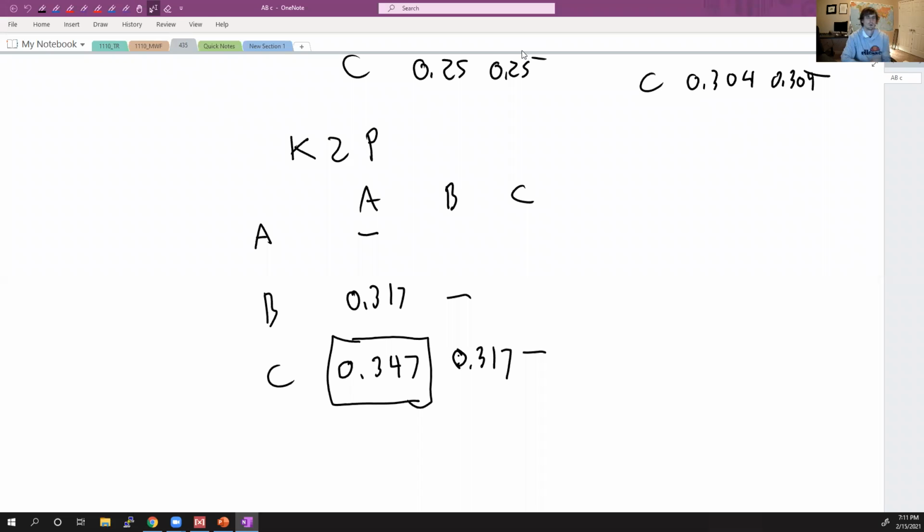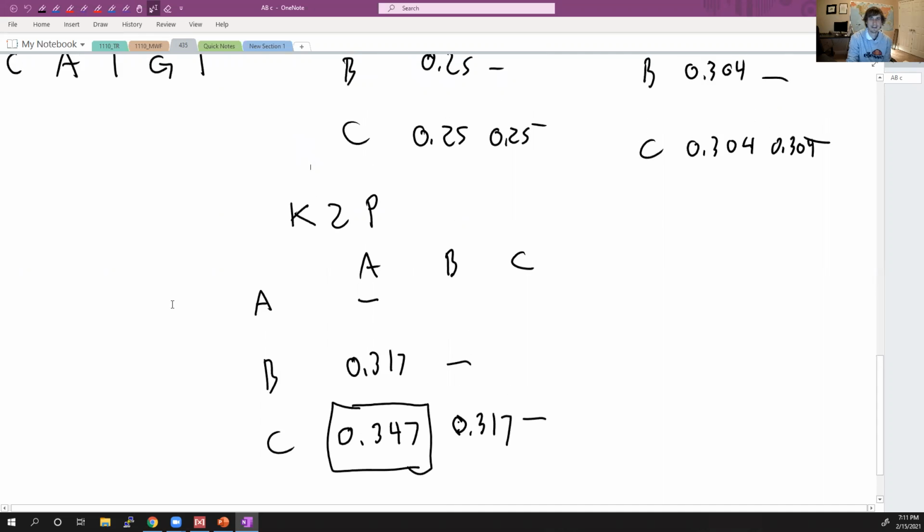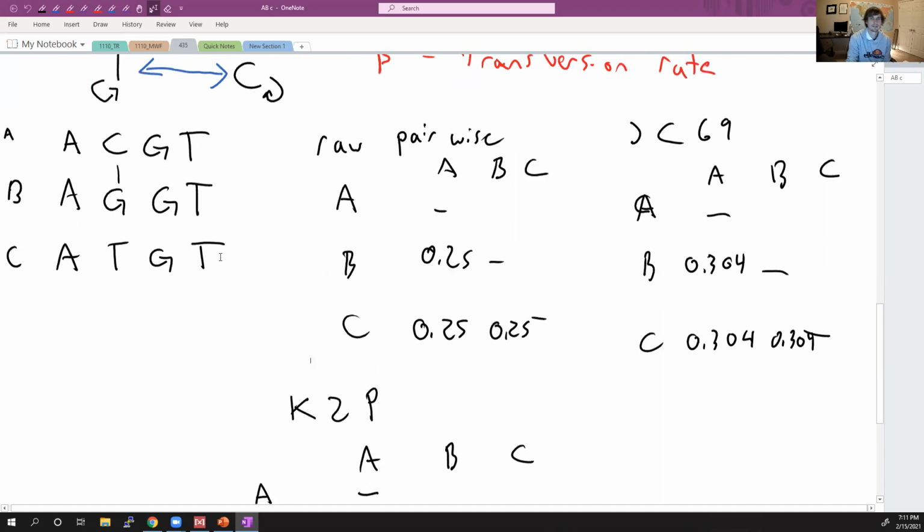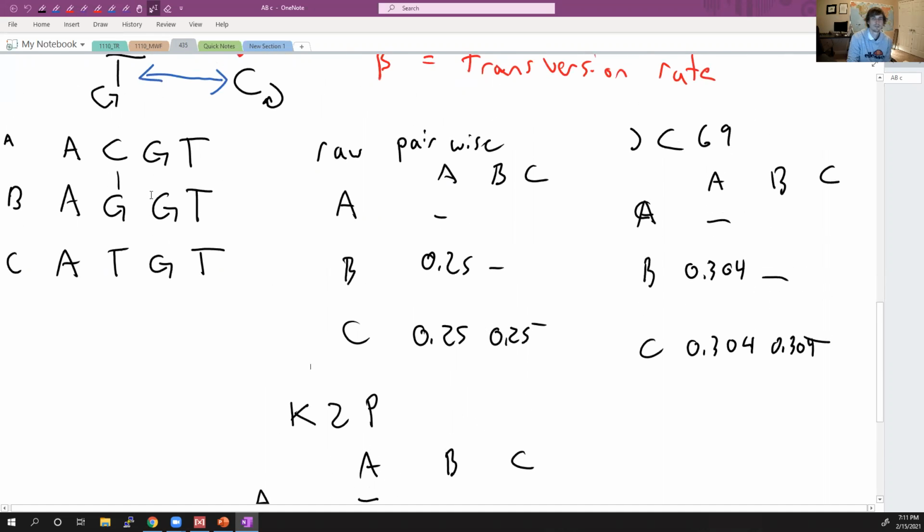All right, and so we see this difference because we're estimating a transition and a transversion rate from the data, and the data, at least in this little silly matrix, shows transitions are rarer than transversions. So C to G is a transversion, G to T is a transversion, but C to T is a transition.